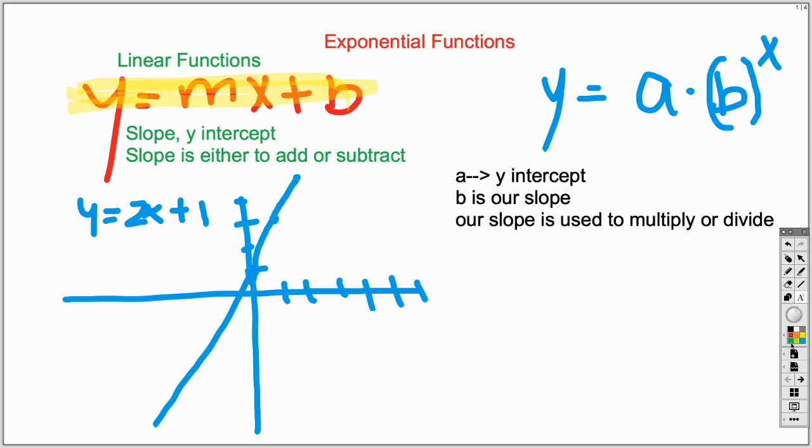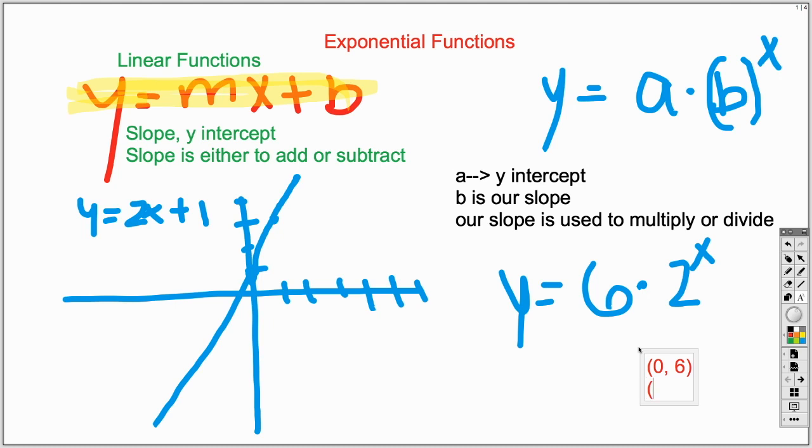So let's write y equals 6 times 2 to the power x, and plug in coordinates. 0 is our x. Obviously, if our y-intercept is 6, then y would be 6.